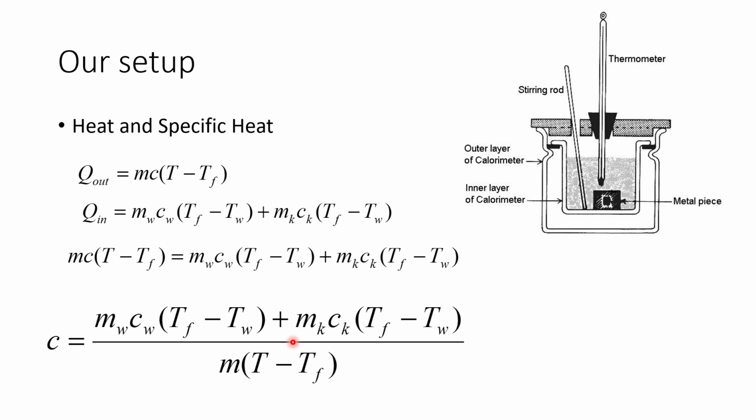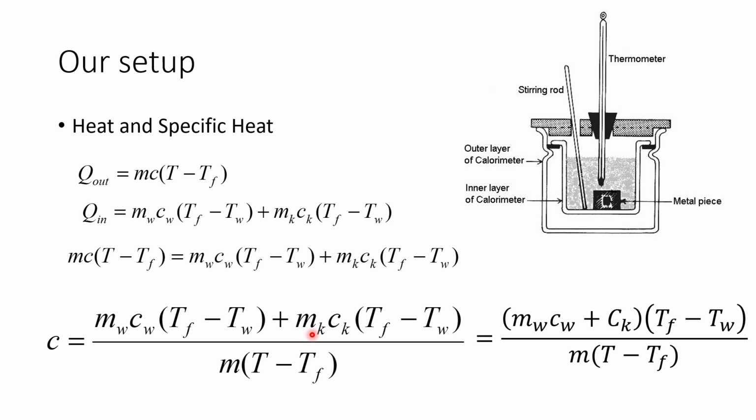Heat capacitance is defined by mass times specific heat. So I'm going to define a new variable called Ck. The big Ck is going to be the multiplication of these two terms. So by rearranging the common terms, you would get Ck in the place of Mk times ck. Note that there's a difference between the small ck and the capitalized Ck.